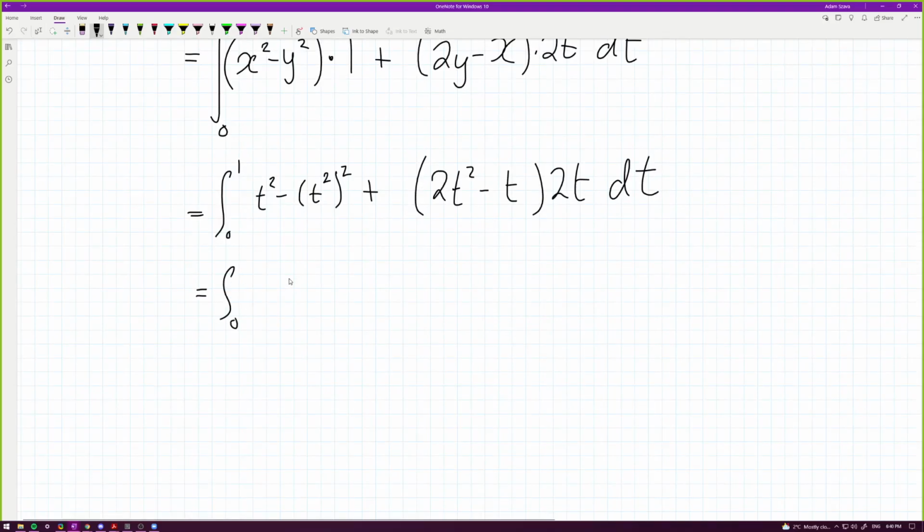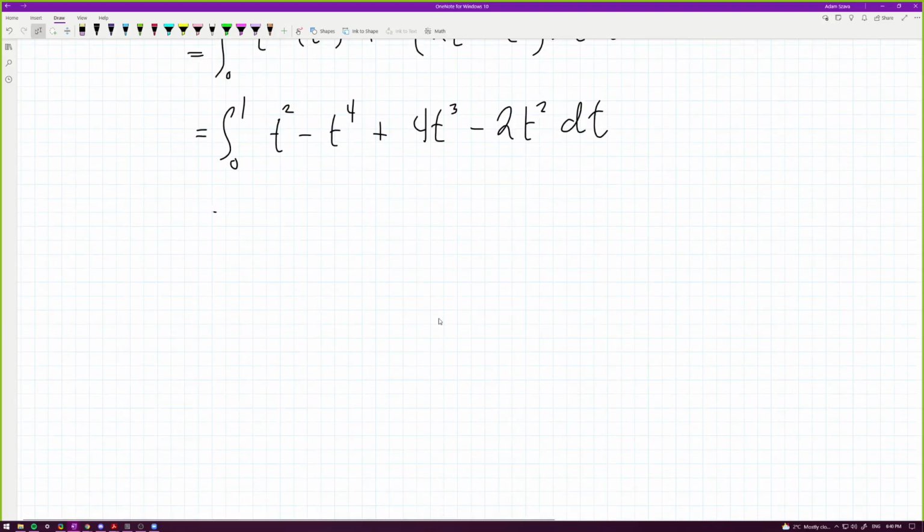So the integral from 0 to 1 of t squared minus t to the 4 plus 4t cubed minus 2t squared dt. Oops, dt. I'm going to confirm that this is correct based on what I did before. Negative t to the 4 plus 4t cubed minus 2t squared plus t squared.